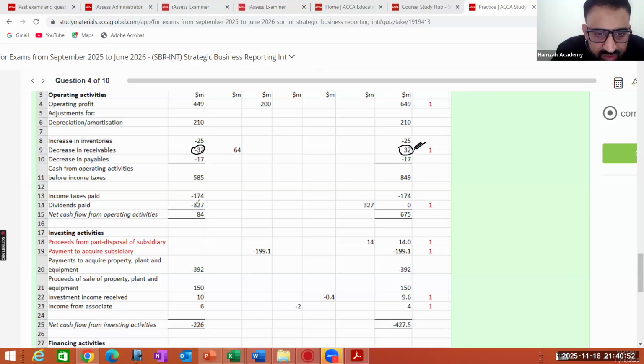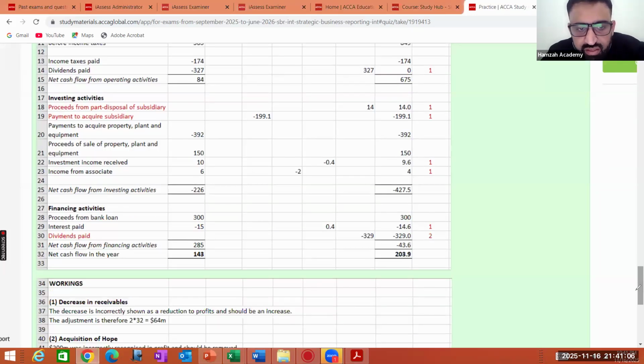And look at here, the dividend paid, they have reversed from the operating activity. And let me show you where dividend paid they have shown. Come to the financing activity.